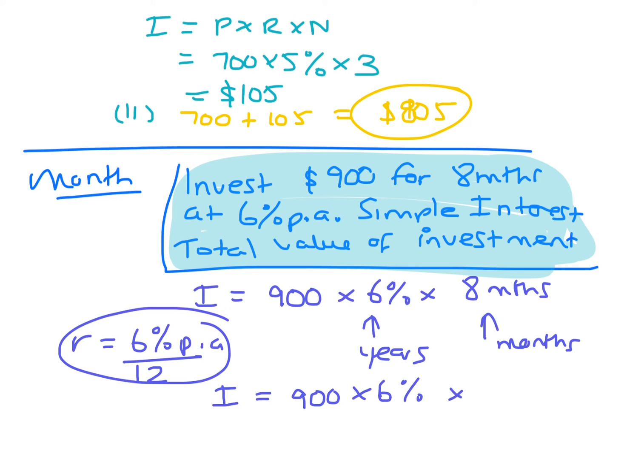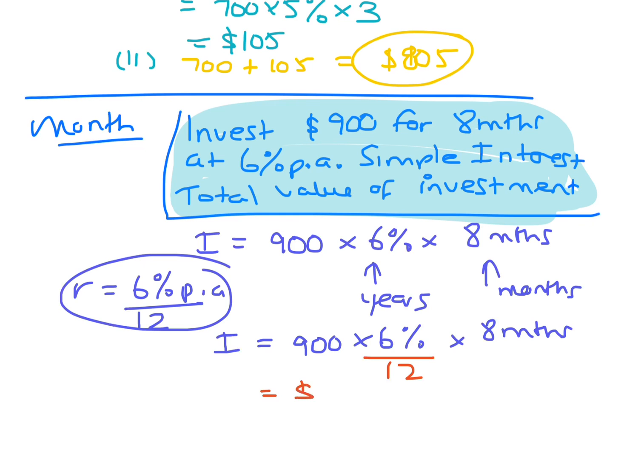So if you get the 6% and that's 8 months, and you divide it by 12, then you will get the interest times 8, which is $36. Now that doesn't give you the total value of the investment just yet. That's just the interest. So if you get the interest and you add it onto the 900, you get $936.